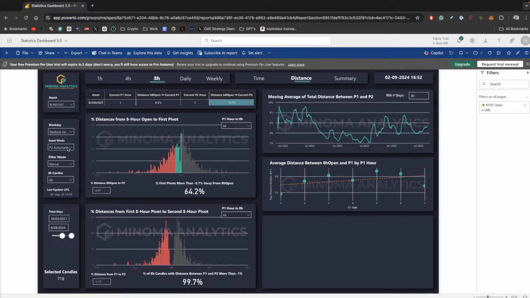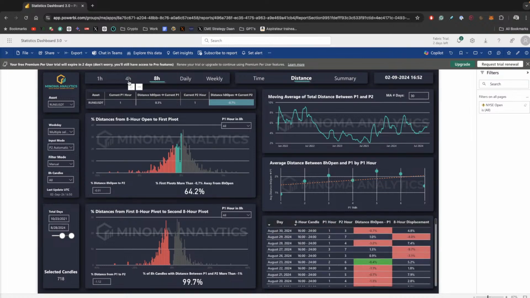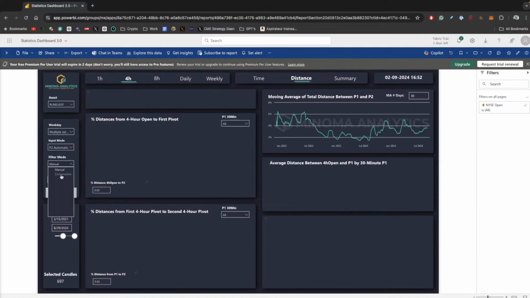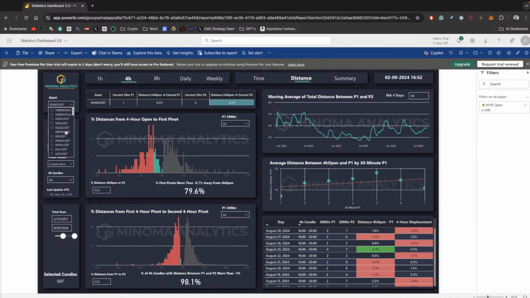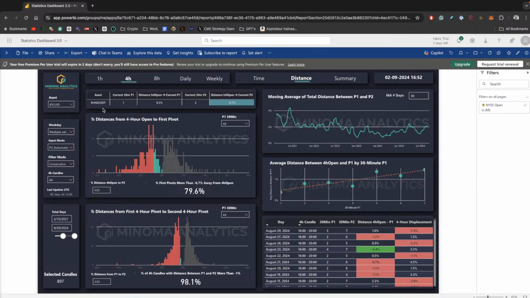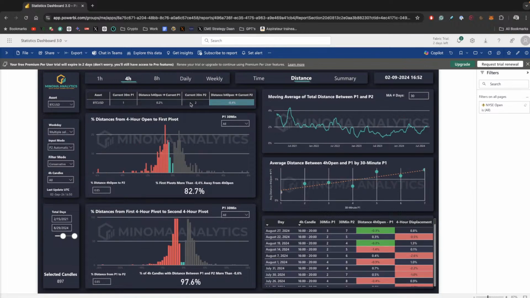Here we have the same thing, P2 mode, automatic on the 1 hour. Well, maybe 4 hours, still in P2 hour 1. If we go to the 4 hour and we have P2 automatic and we set filter mode to conservative, we can see that the current P1 is put in the first 30 minutes, current P2 second 30 minutes, and we see that the first time block is filtered out.